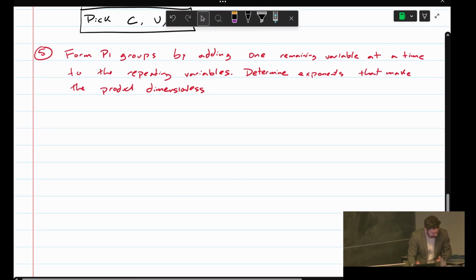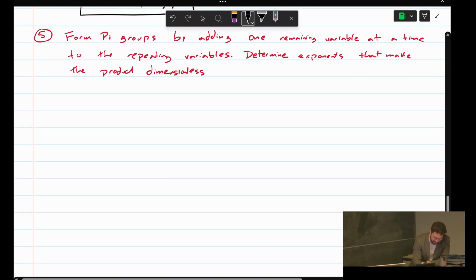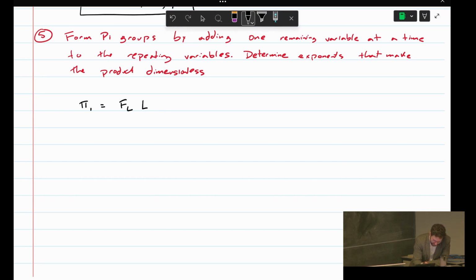So the first pi group we're going to do, we'll call it pi1. We're going to multiply FL by C to some exponent A, U to some exponent B, and rho to some exponent C. So these are our repeating parameters.